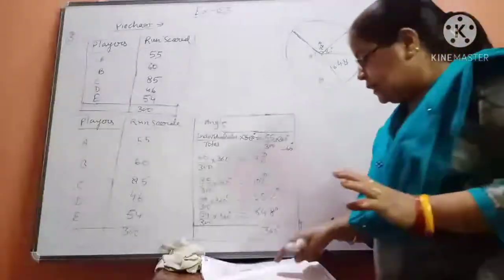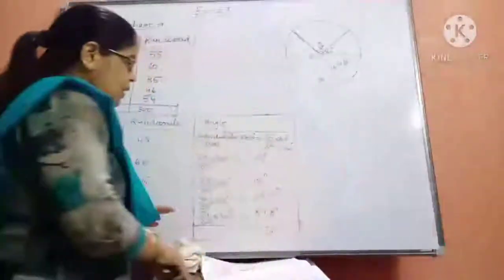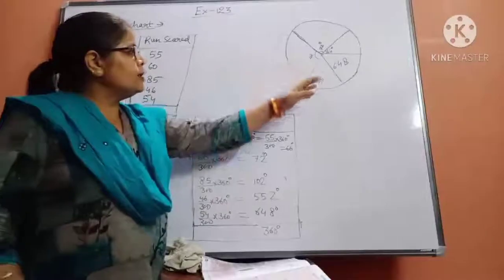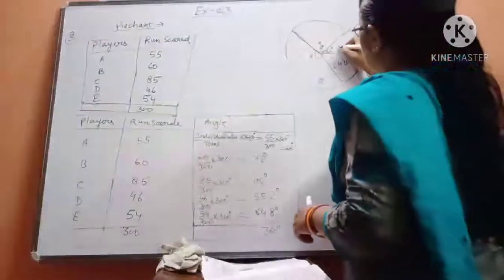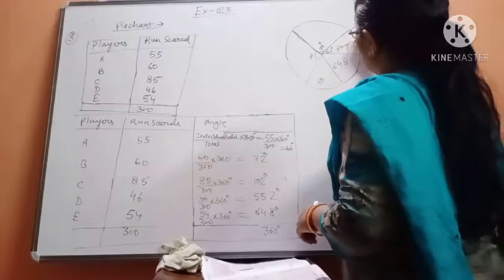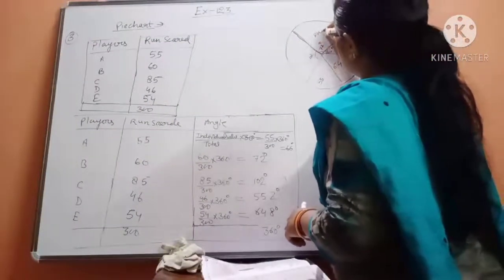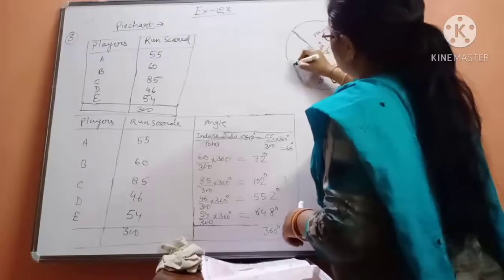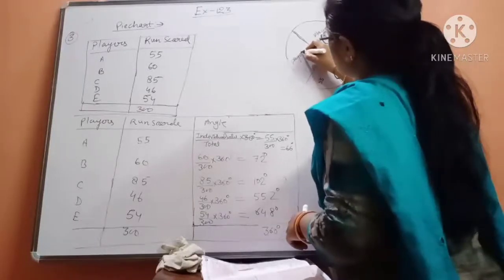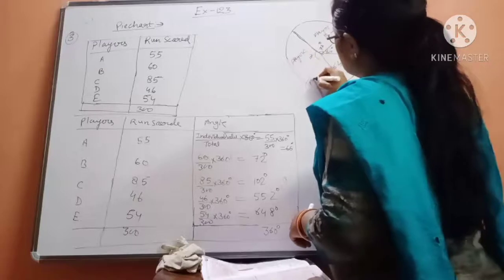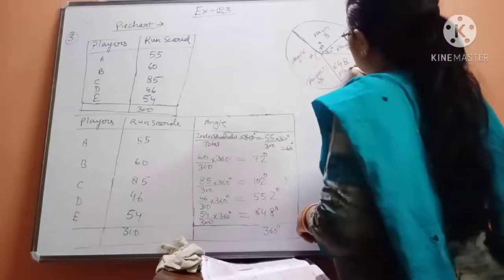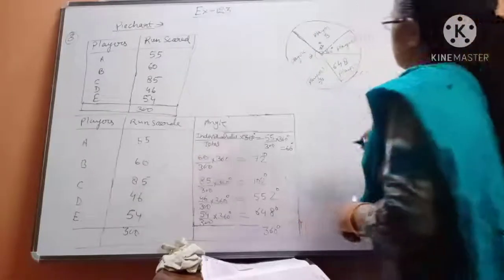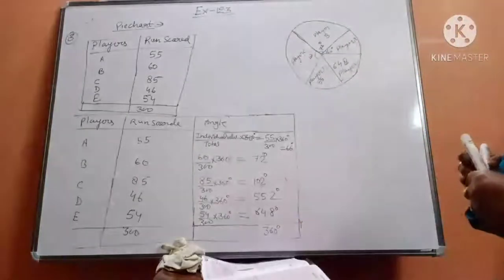Okay, in this way beta you will complete it. Now see, it was for player A, so you can write that the first one is for player A. This will be for player B, player C, player D and player E. With the help of this pie chart we can decide who is the best player.